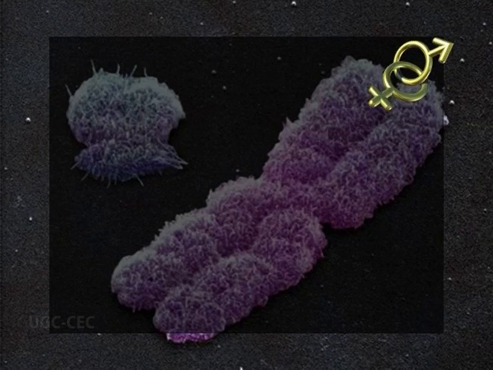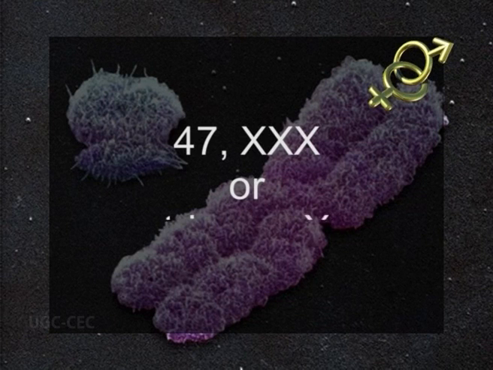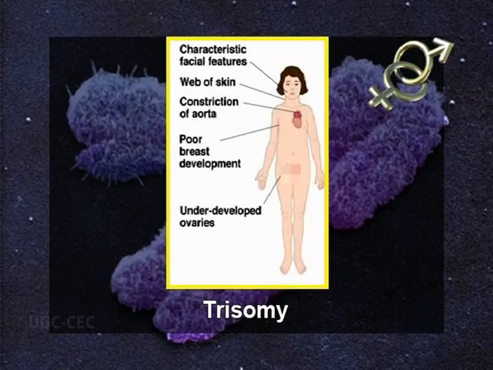Triple X syndrome, also called 47 XXX or trisomy X, is caused due to an extra copy of X chromosome in females. Females with trisomy X have 3 X chromosomes for a total of 47 chromosomes per cell. Their stature on average is taller than normal females.